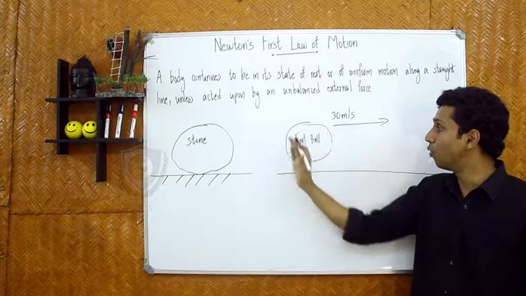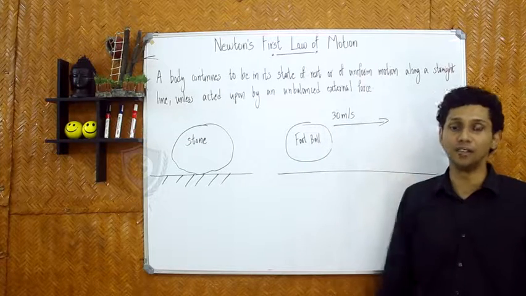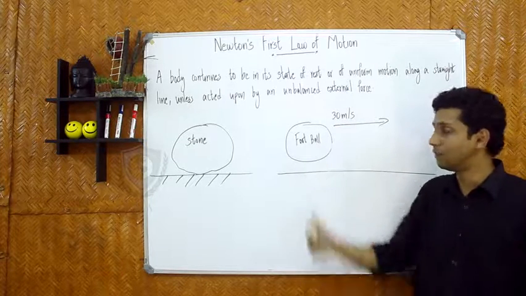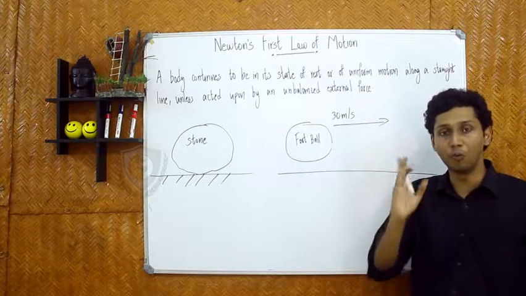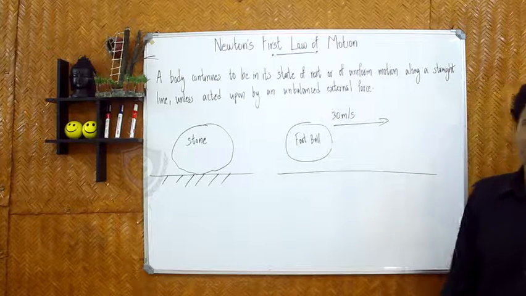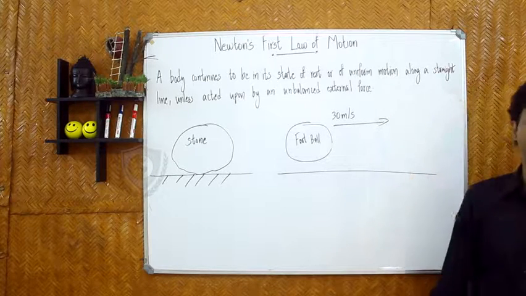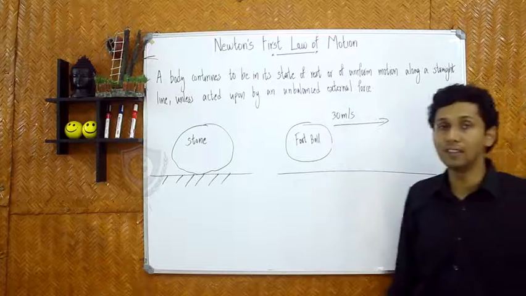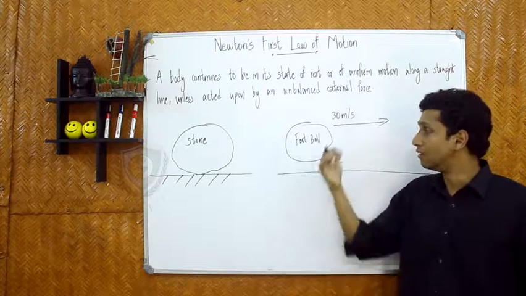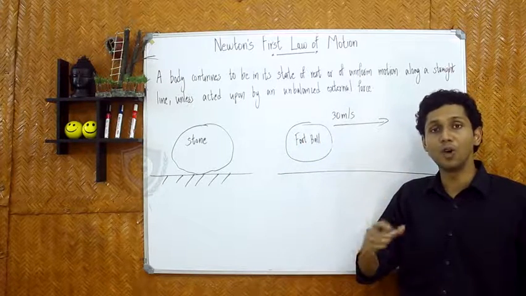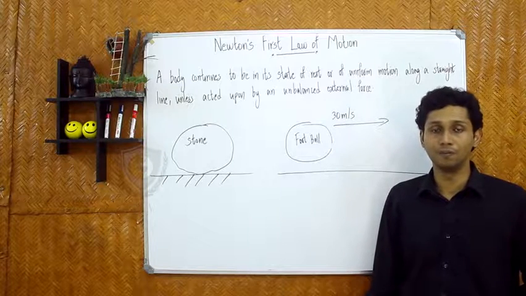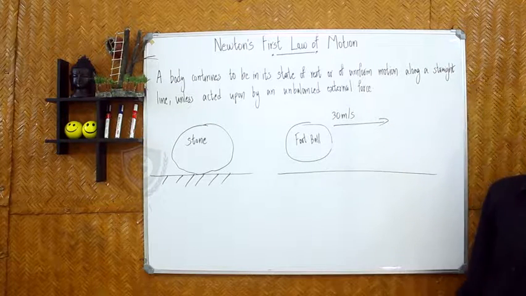That means this football would never reach the state of rest. Whatever its initial velocity was, the football would continue to move with the same velocity over an infinite time period. So basically what Newton was saying is that this football is not going to reach the state of rest unless this football is acted on by some external unbalanced force.